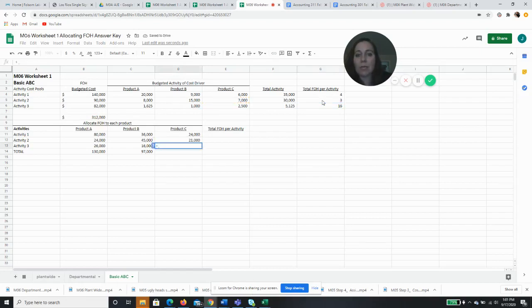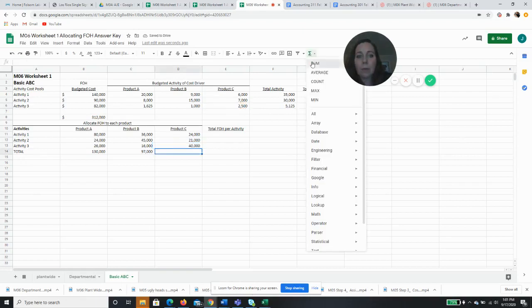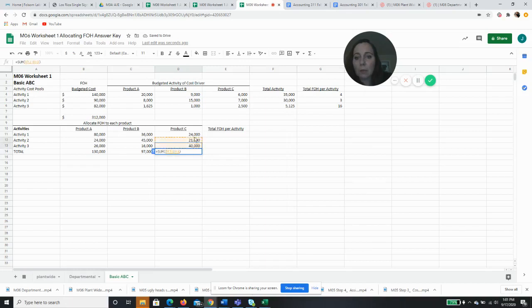And then product C uses 2,500 related to activity 3 times $16, the rate. And we add that up, and product C is going to get allocated a total of $85,000 of factory overhead in the current period.